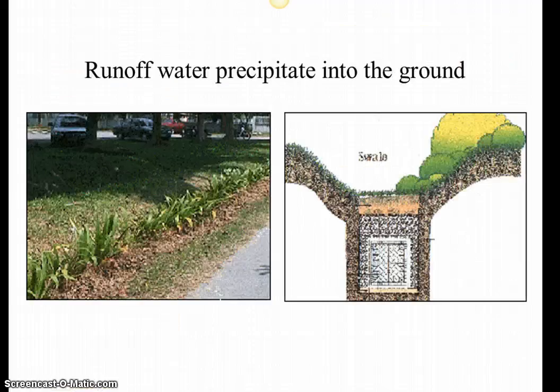And for runoff water to precipitate into the ground, we use the swale. This is a swale, so we don't use a concrete drain. Instead of a concrete drain, we use an earth drain with this kind of gravel, so the water will seep into the earth and our trees will grow, and then reduce the runoff water flow into the river.